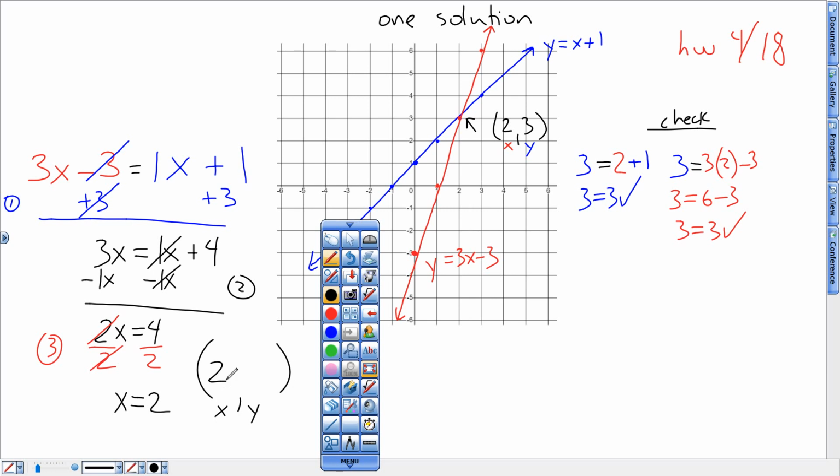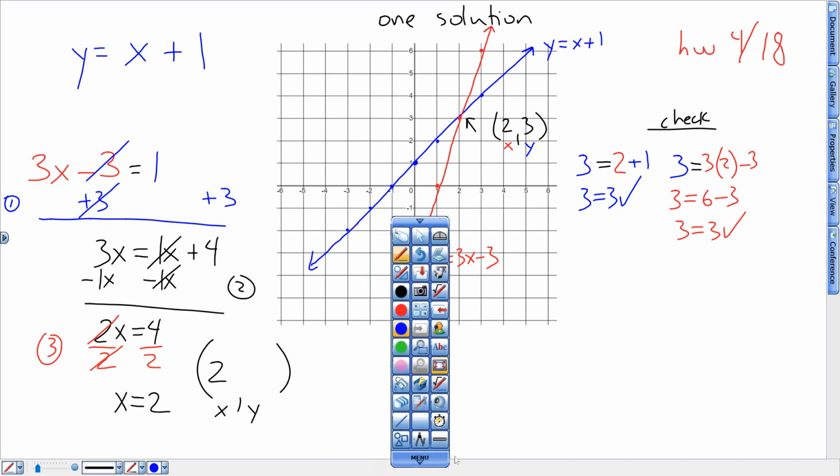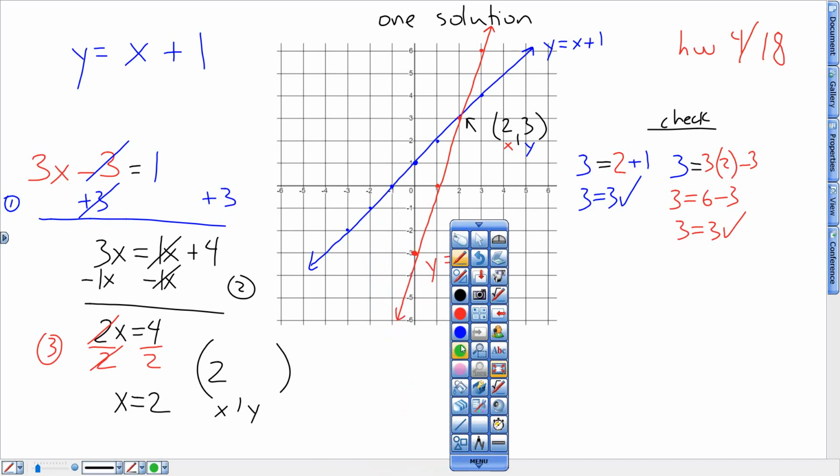But then, to find out what y is, I would go back to one of the original equations that had a y in it, and I will replace that x with 2 to find that y number. So if I take that 2 and plug it back into one of those equations with x and y in it, it will give me what that y number has to be. So 2 right there plus that 1, that gives me y equals 3.